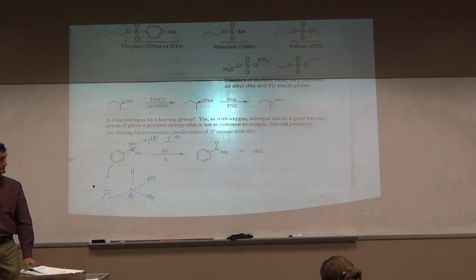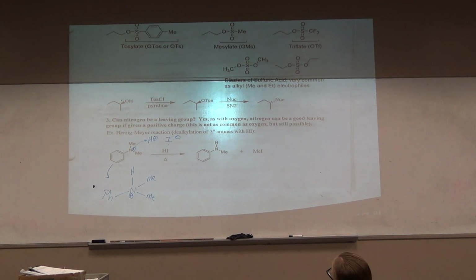We can do that. Nitrogen's not that basic, is it? Why is it not that basic? Lone pair in a p orbital, and we have always said a lone pair in a p orbital is not basic. Neither is an oxygen.